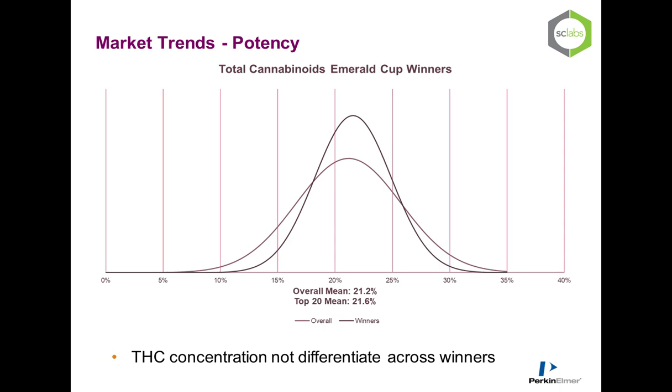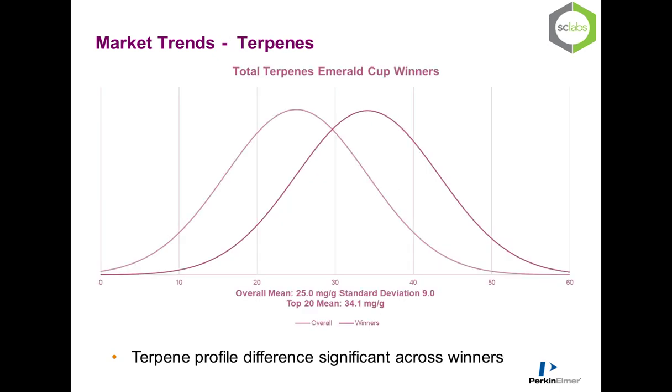This is quite interesting because some people think a high potency or high cannabinoid concentration means a valuable product. But in reality, it was the terpenes that can be shown to offer the added value for the winners. And here we see deviation between the overall and the winners being very clear in showing the importance of having higher terpene concentrations in the sample.